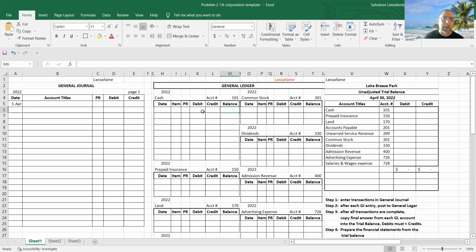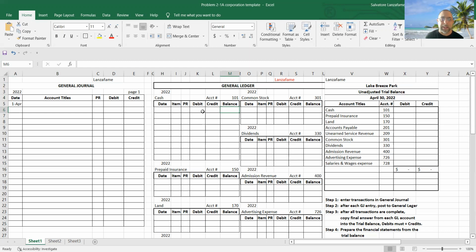So let's do another transaction before that, where the company is actually getting started. Let's say it involves the issuance of common stock. We need to get money into the business. So whoever the owner of the business is, they've got to put some influx of cash into the business.